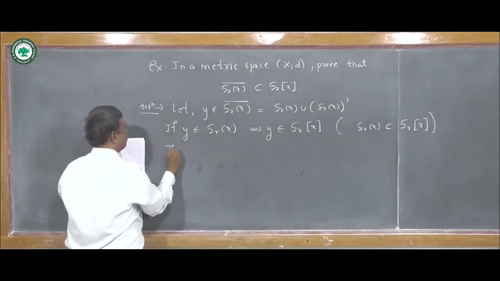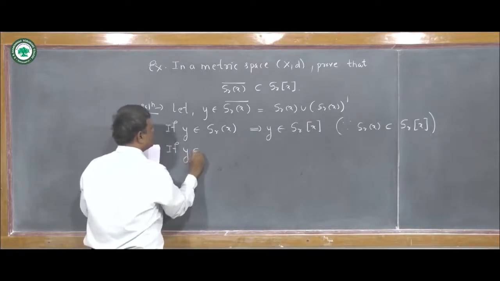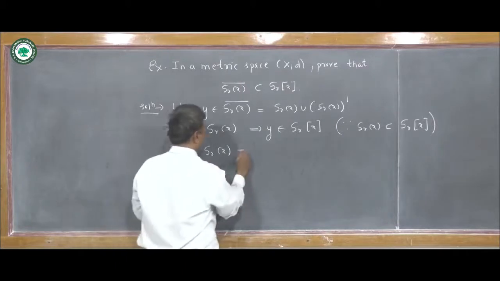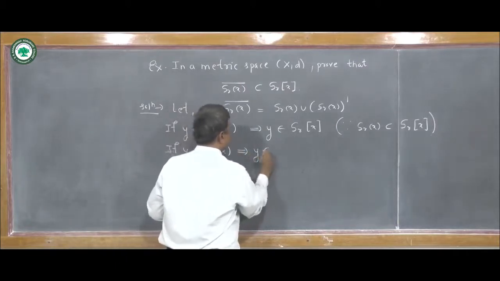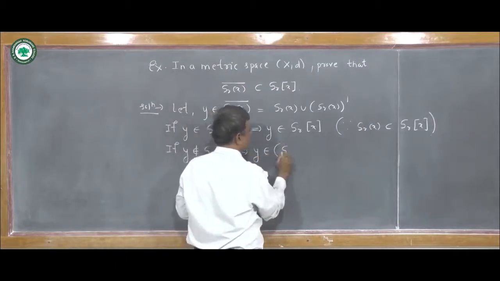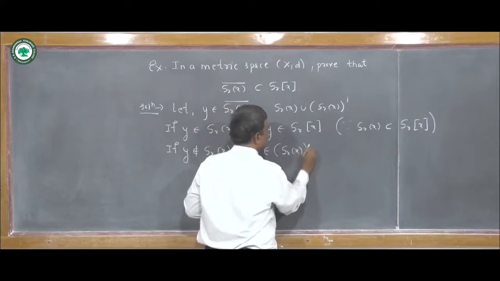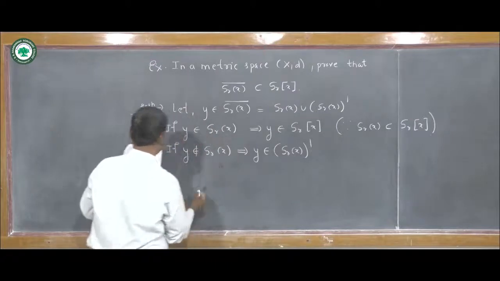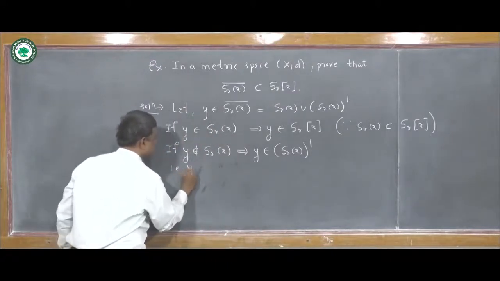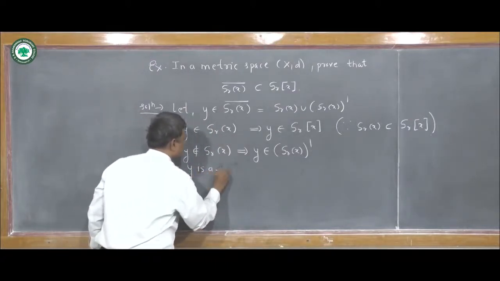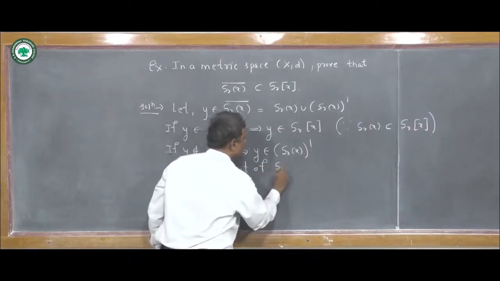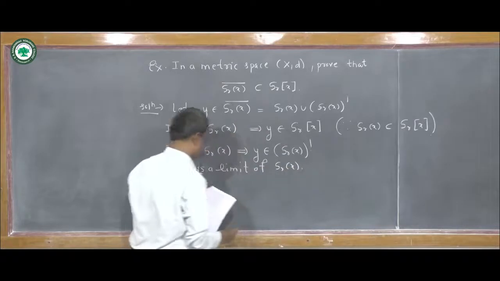Now if y does not belong to this open sphere S_r(x), then this implies that y belongs to the set of limit points of the open sphere S_r(x). That is, y is a limit point of the open sphere.